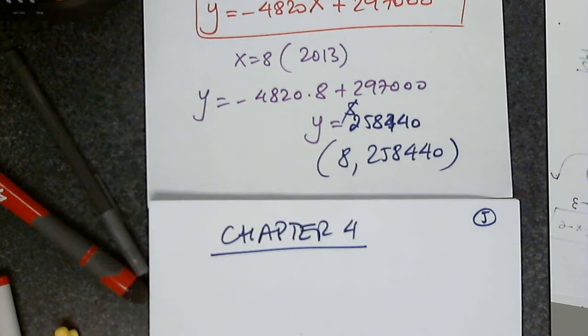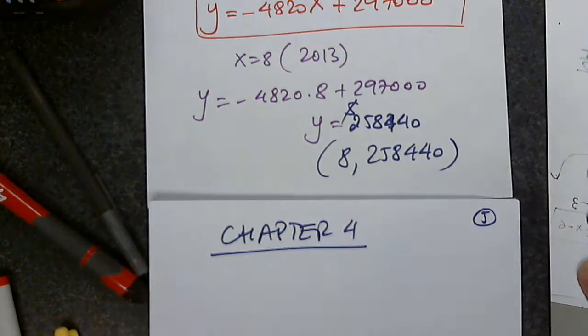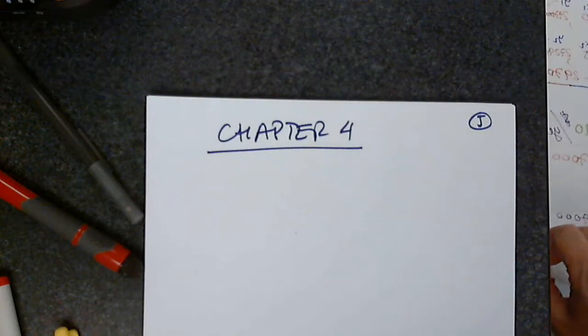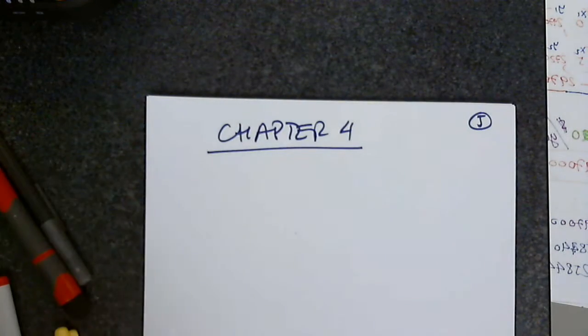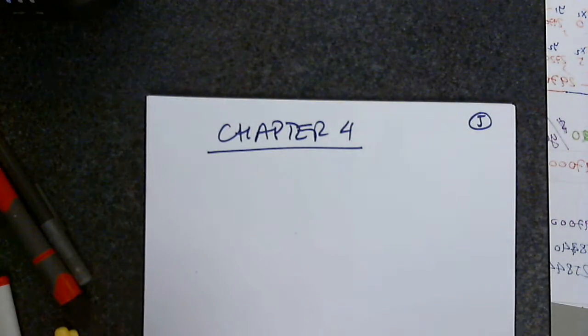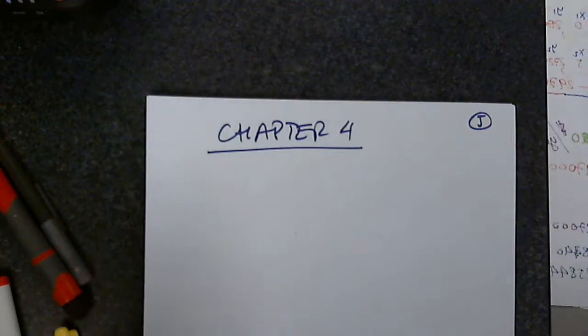Chapter 4 is all about systems. We already solved 2, so we're way ahead. So solving systems of linear equations. We will only look at systems with 2 variables and 2 equations.